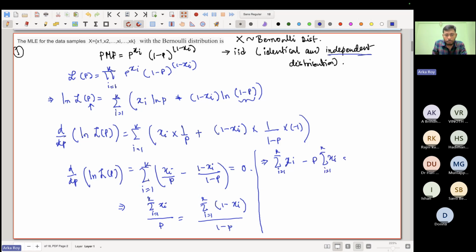Similarly, if I do it in this direction, it would be p summation 1, with the index running from 1 to k, and then p summation, i equals 1 to k. So therefore, we can see this particular term will cancel. So we are left with summation xi.